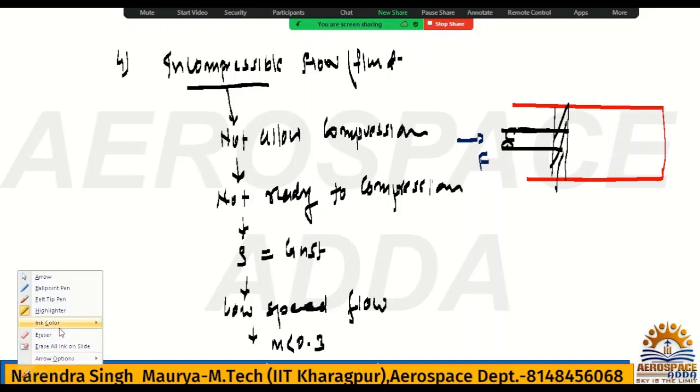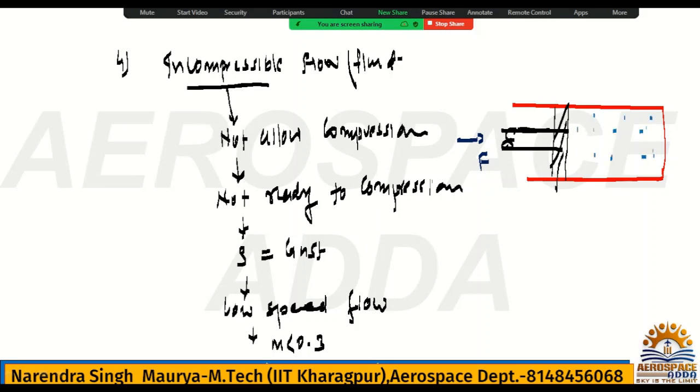Because inside this cylinder we have filled an incompressible fluid. So the piston is not ready to move forward because this fluid will resist the motion. It is not ready to compress. Not ready to compress means high resistance. The fluid is applying a high resistance force.